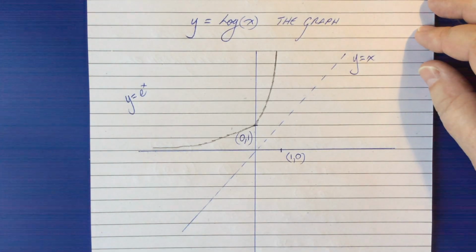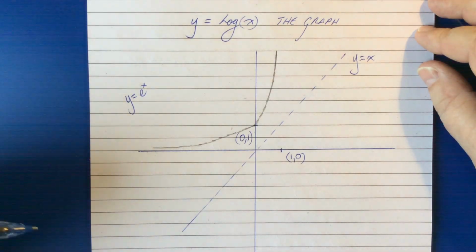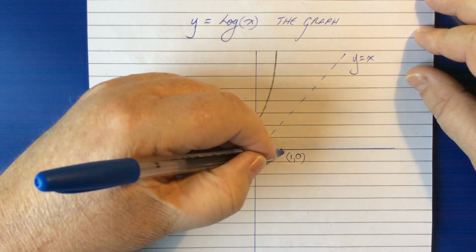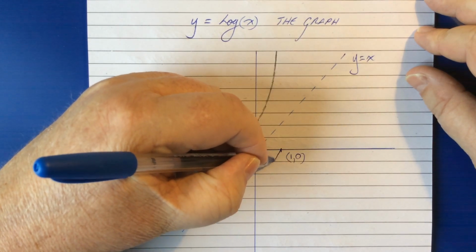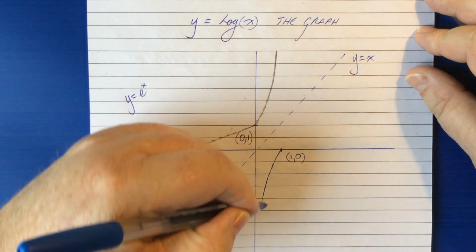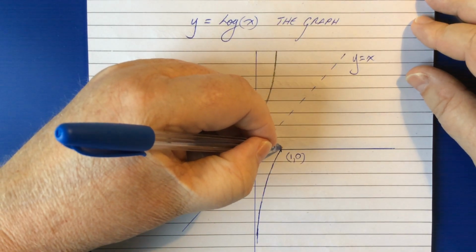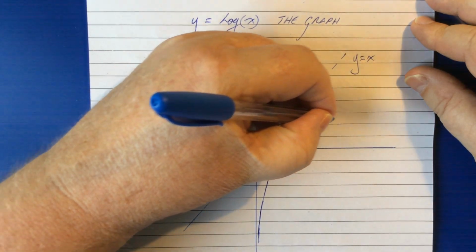Now, let's take a look at what the graph of y equals log x looks like. I guess you're going to have to trust me for this. You can put this into a graphing app, or use your calculator to graph this.